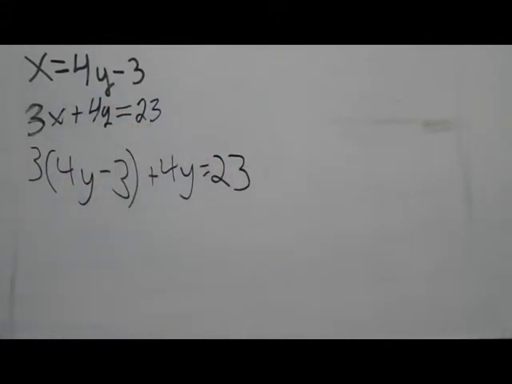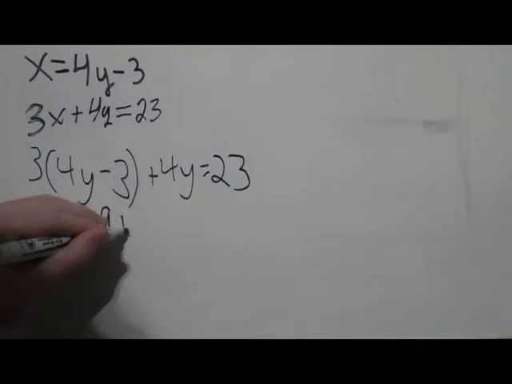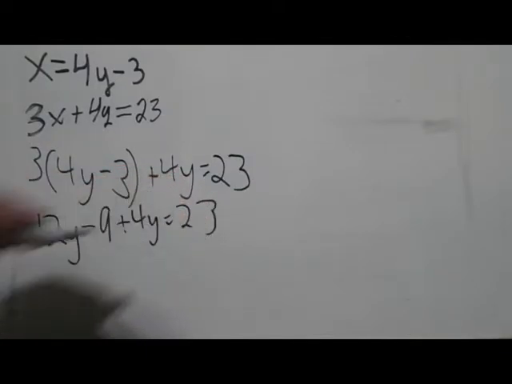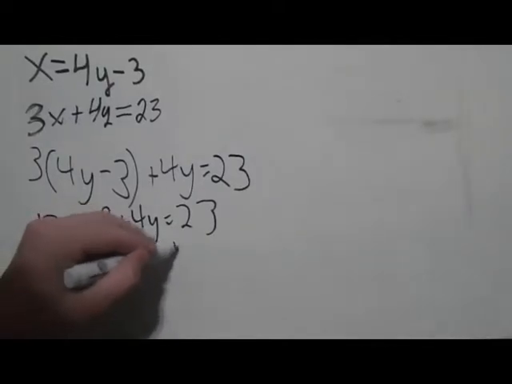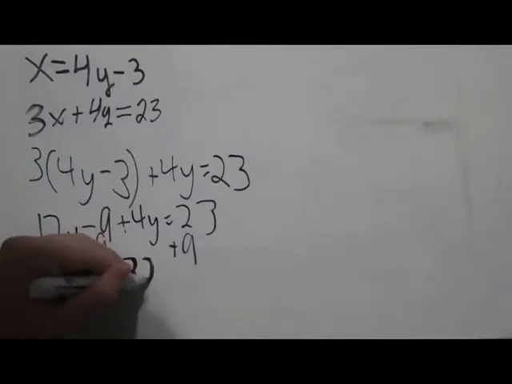So from here we just solve. So 3 times 4 is 12y minus 9 plus 4y equals 23. Now we add 9 to both sides to get 12y plus 4y equals 32.